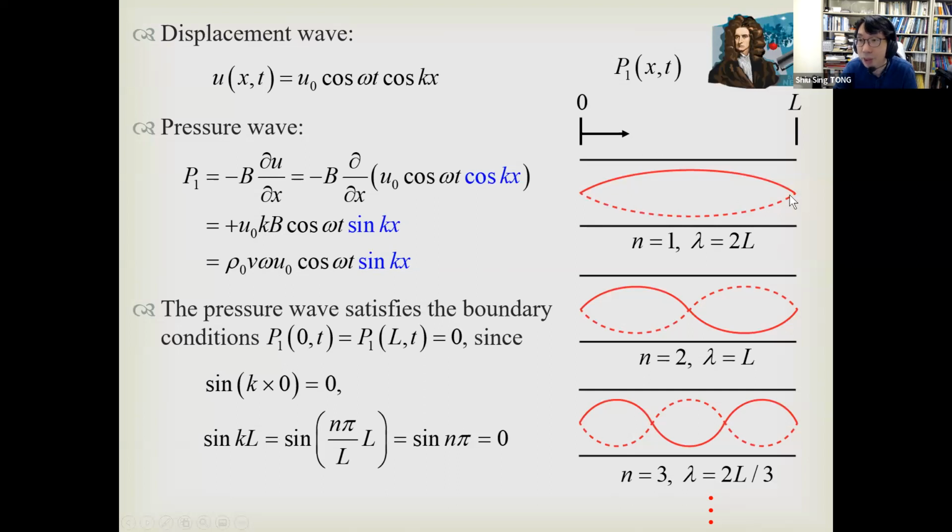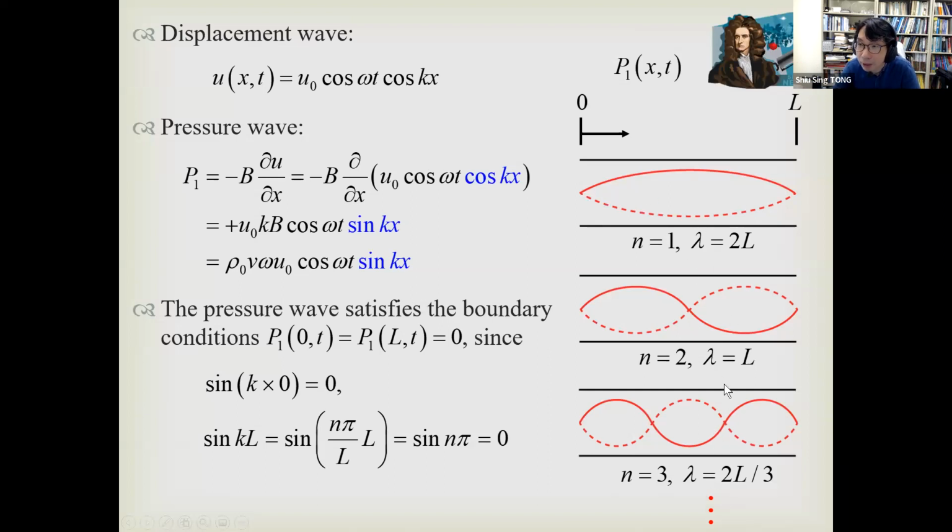Sine n pi is always 0 also. So it is guaranteed that at both ends of the tube, which is open to air, the pressure is the same as the atmospheric pressure. The pressure change there is 0. Okay, so this is the fundamental mode. This is the second harmonic, the third harmonic, and so on and so forth.